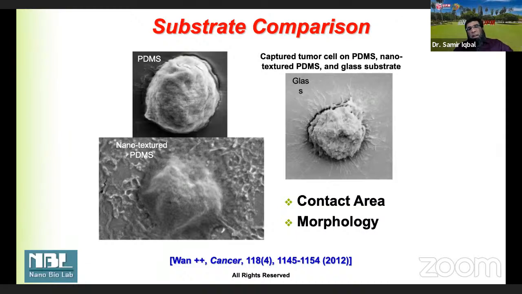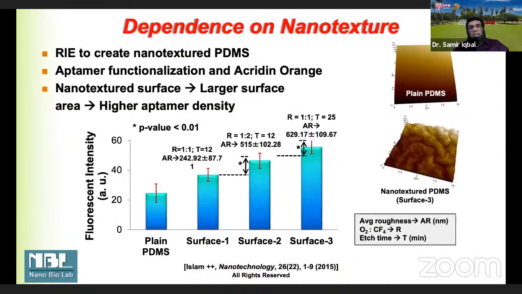So this dependence on nanotexture, on binding, we then prepared different nanotexture levels also, where you could change the roughness. You can get a higher one if you do more etching. So we were playing with reactive ion etching here. Here, average roughness is, we say AR, and R is just roughness.